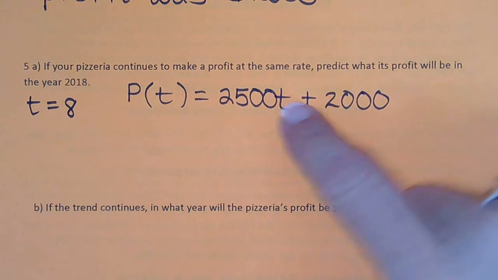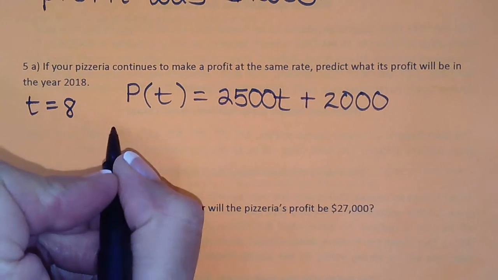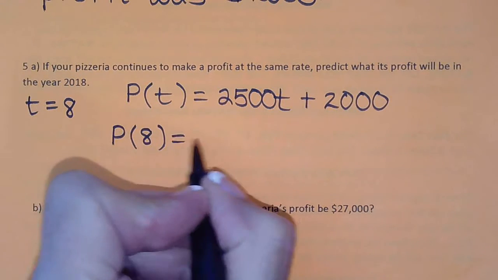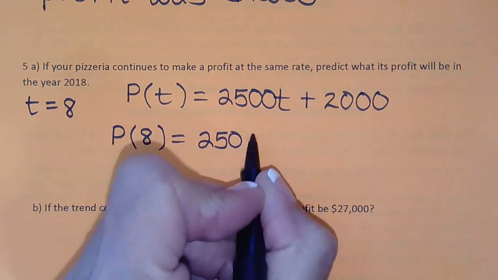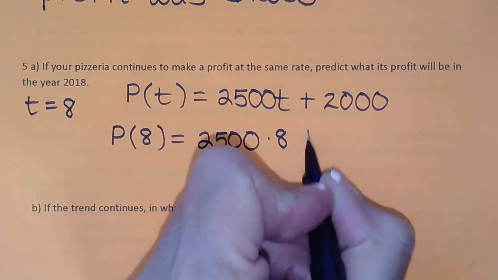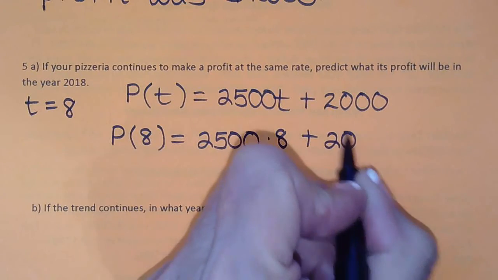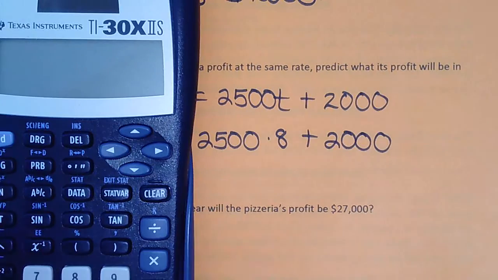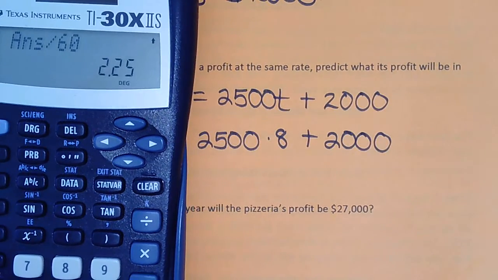Plug in 8 for T and figure out what their profit will be. So their profit after 8 years will be 2,500 times 8 plus 2,000. So let's go ahead and use our calculator to get that answer.